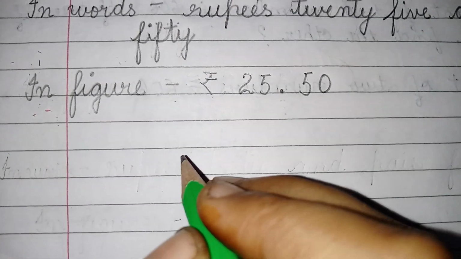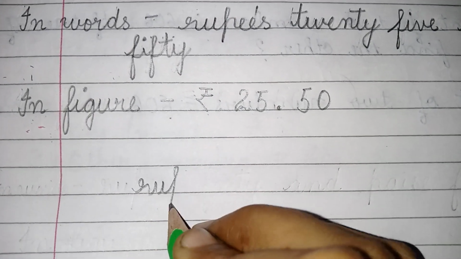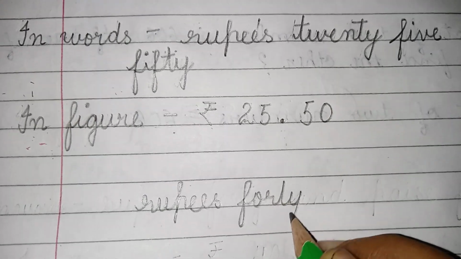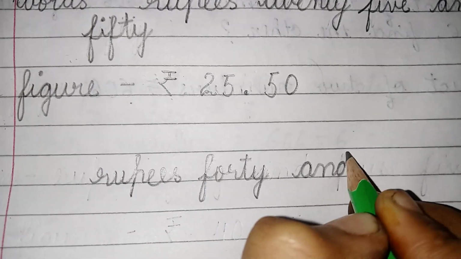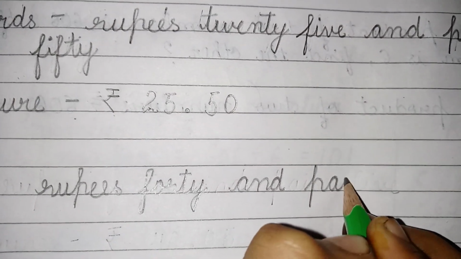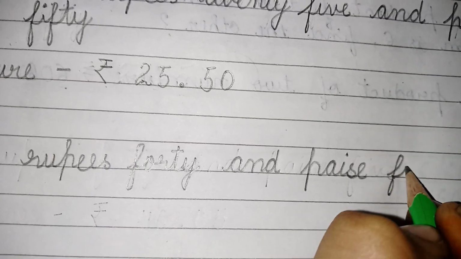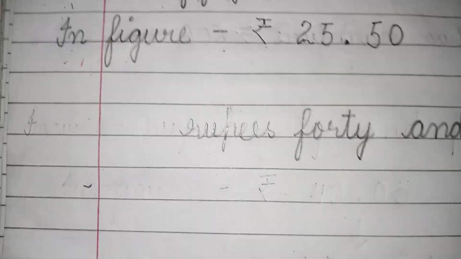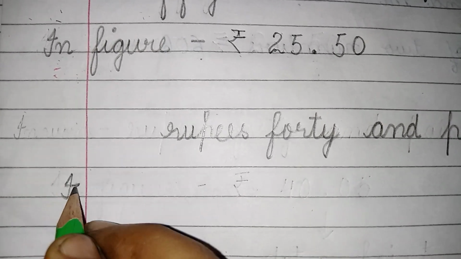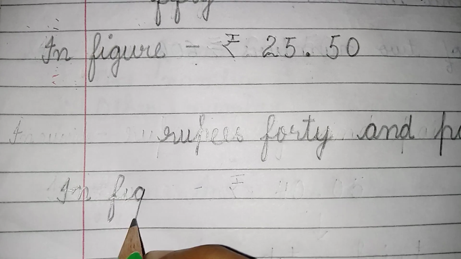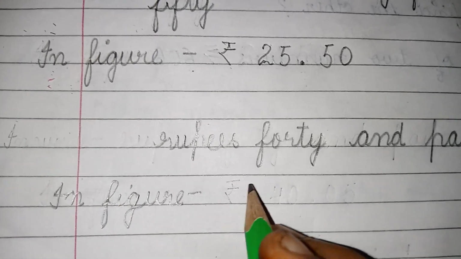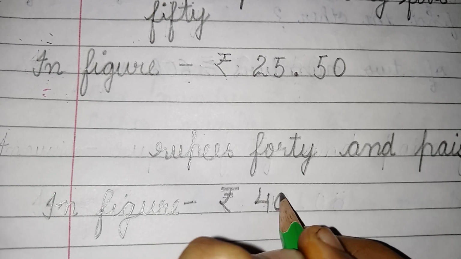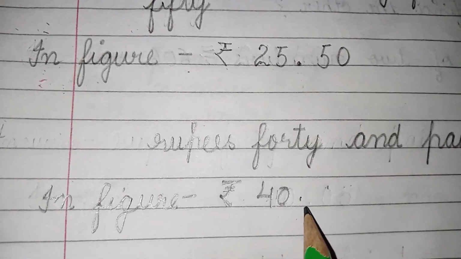Similarly, rupees 40 and paise 5 is expressed in figures as the symbol of rupees 40.05.